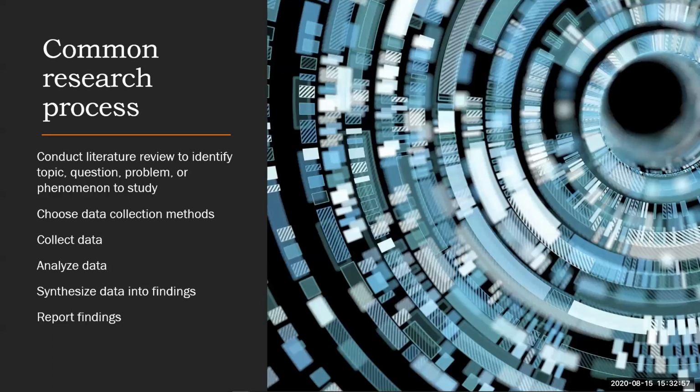A common research process is going to involve conducting a literature review. You've got to figure out what your topic is, your question, your problem, phenomenon of study, and it needs to be rooted in the research that has come before you. You can't just make stuff up. Just because you have a hunch, that's not an educated guess. That's not a hypothesis. That's a hunch.